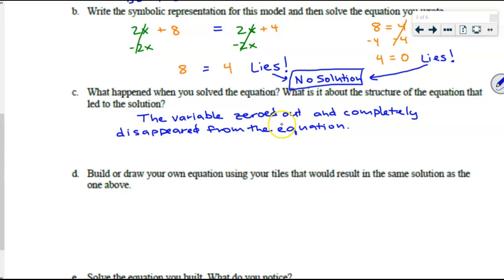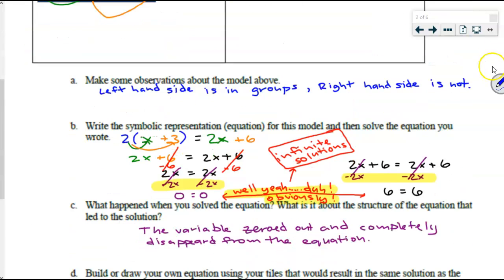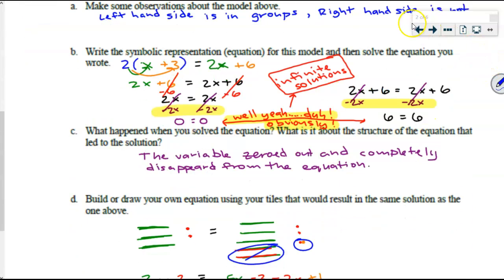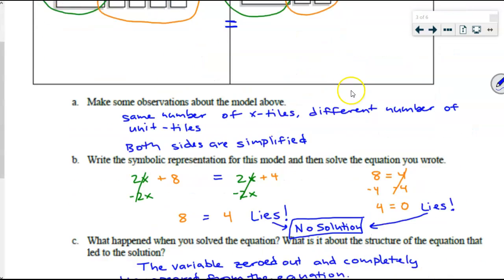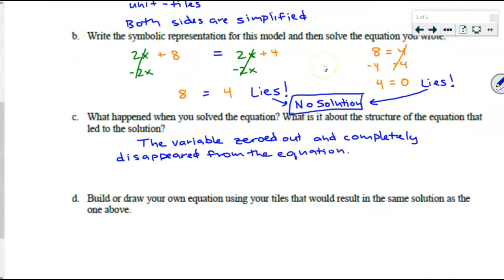So how am I going to know if the equation, when it zeroes out and disappears, is infinite solutions or is no solutions? Another quick conversation at your groups, and then we're going to add that to both part C's from both problem 1 and 2. Talk with your tables. Pausing the recording. How do we know? What's the difference? How are we going to know if it's no solution or infinite solution? Tage?